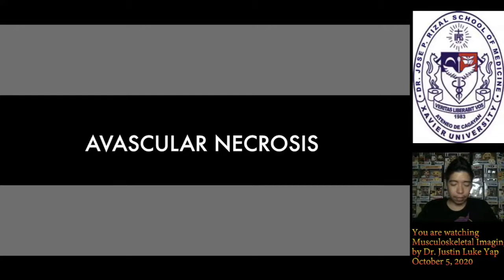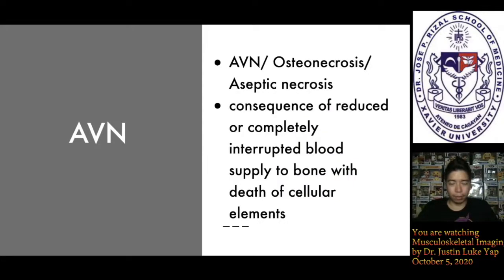Now for avascular necrosis, what we also call osteonecrosis or aseptic necrosis. It's usually due to reduced or completely interrupted blood supply to bone with death of the cellular elements. The typical appearance would be a bone that is much smaller than its normal counterparts and with increased density.